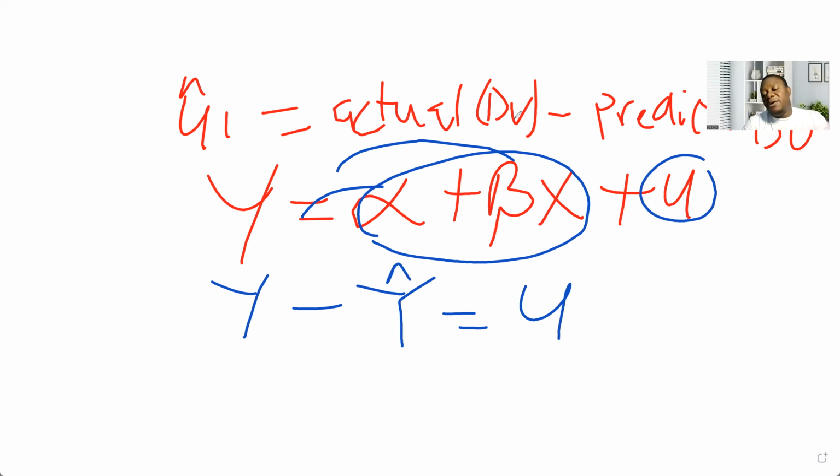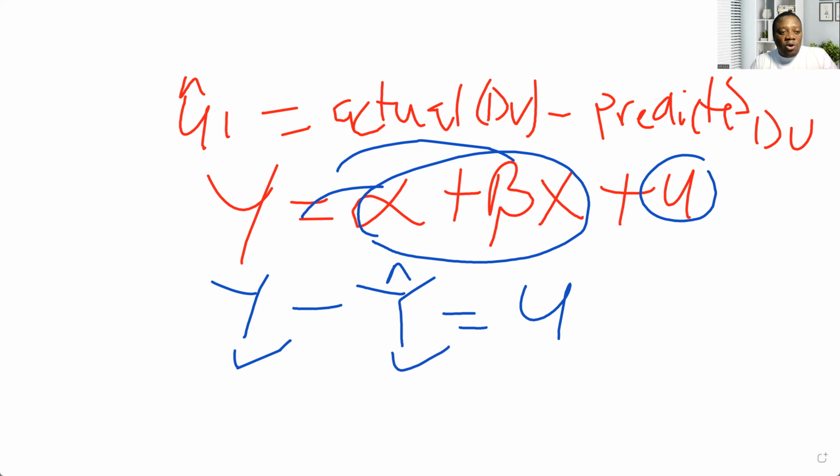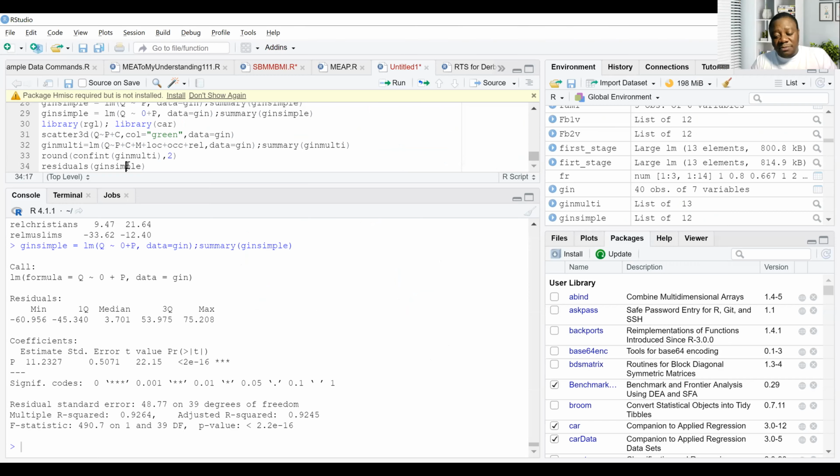That is why we say the error term is the actual minus the predicted. So what we are going to do is check whether that is true.